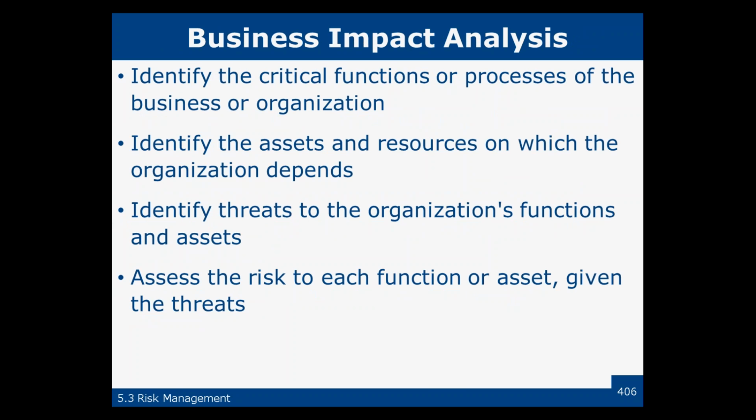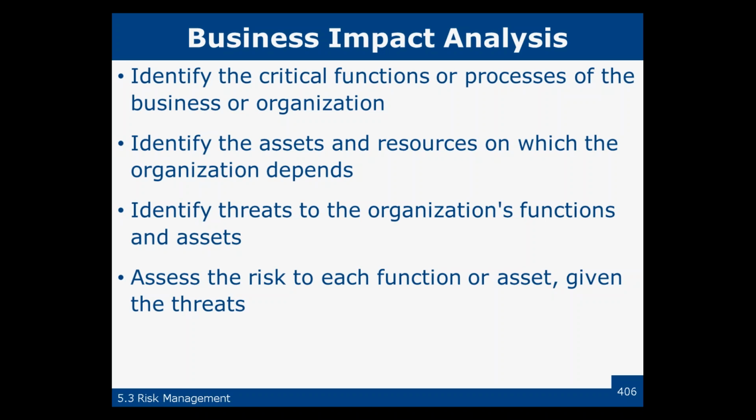So the business impact analysis elements: first thing we have to do is identify critical functions or processes of the business or organization. What is critical? When we look at this, what's critical for doing the business, not what somebody may think is critical. What's the impact of each of these functions on making the business run?